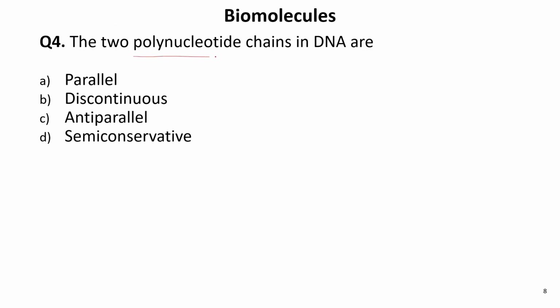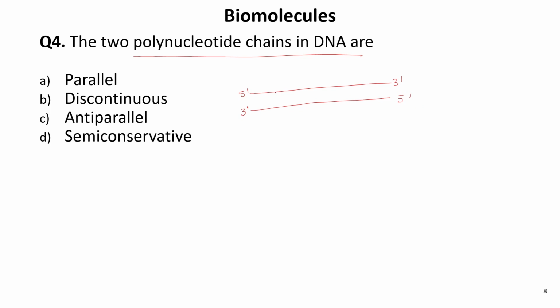The two polynucleotide chains in DNA are, this is very important when you draw a chain. Suppose this is one strand or helix of the DNA. This is 5 prime to 3 prime. The other one will be 3 prime to 5 prime.